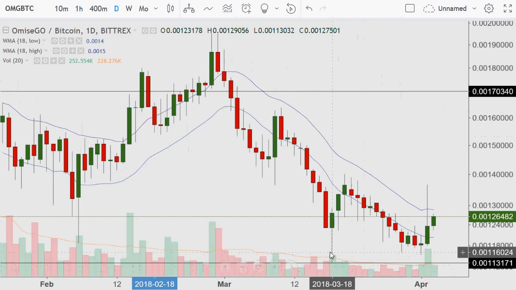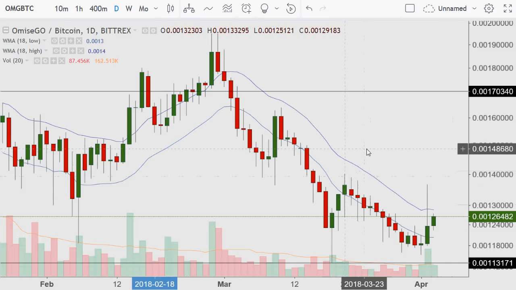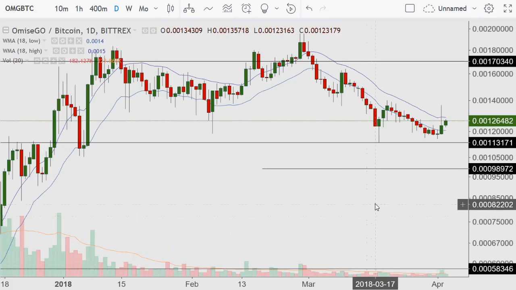And we're going to be using again this low and this high. And within such, the level I'll be looking at is around 98,972.